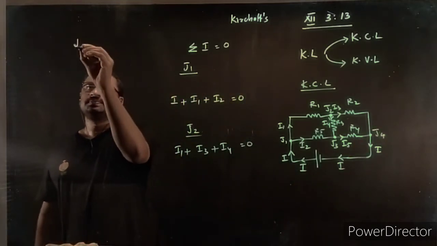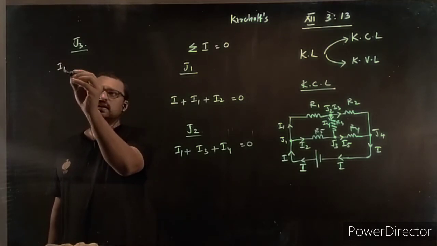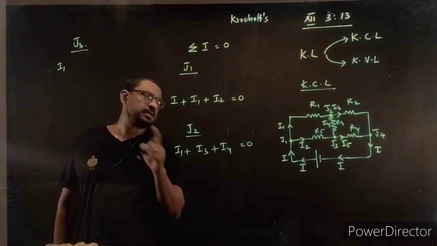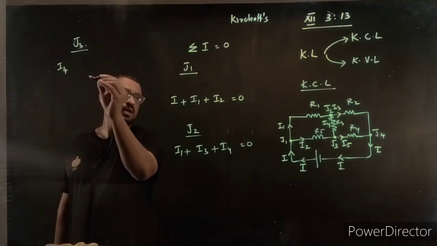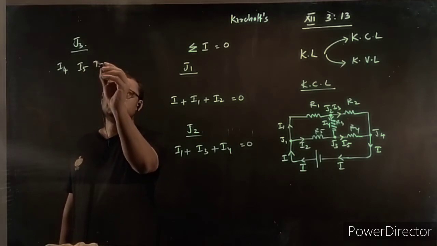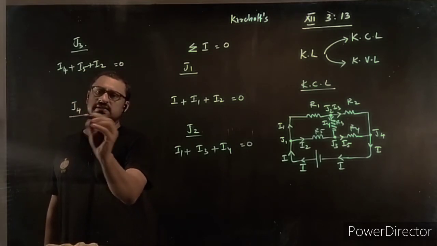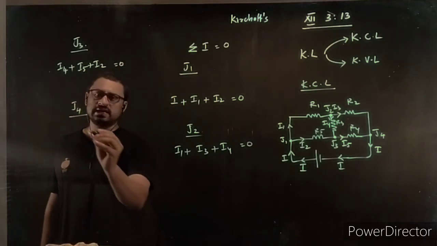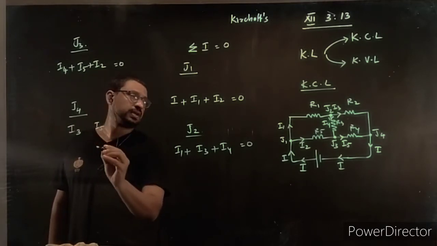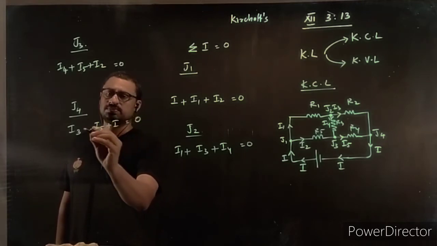At J3, the currents associated with J3 are I4, I5, I2, and the sum of all those currents equals 0. Finally, for J4, the currents at J4 are I3, I5 and I. Sum equals 0.